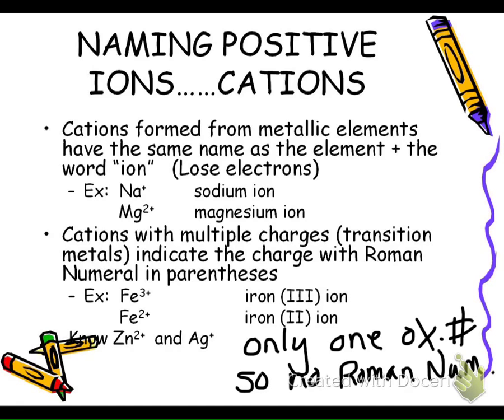Zinc, Zn2+, has only one oxidation number, so no Roman numeral is needed, and we would call that the zinc ion. Similarly, Ag+ would be the silver ion. You must just memorize and remember these, as there's no indication when you find it on the periodic table to help you sort out that oxidation number.